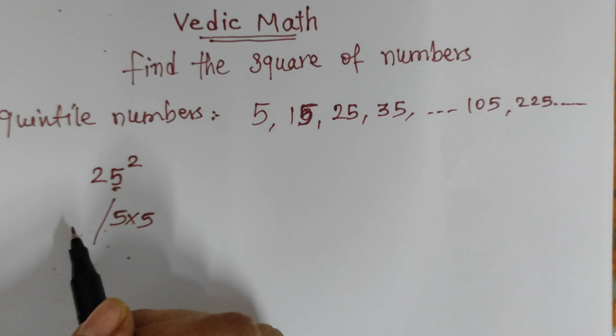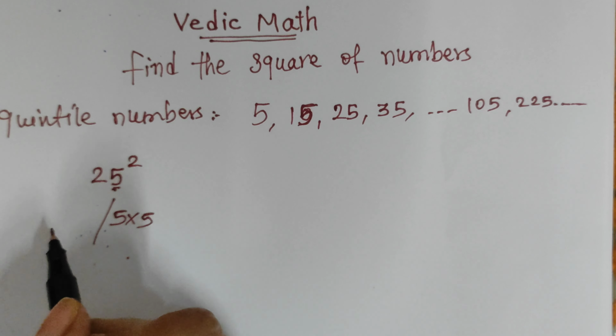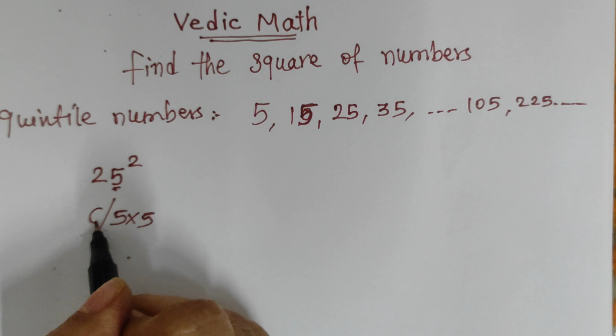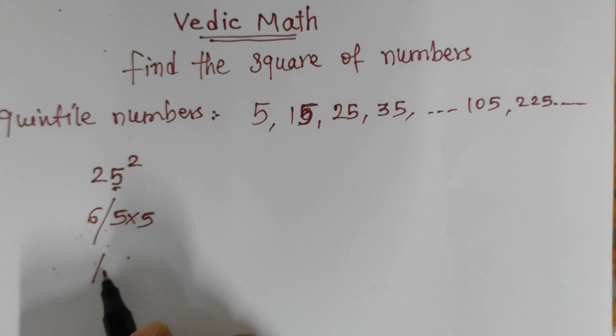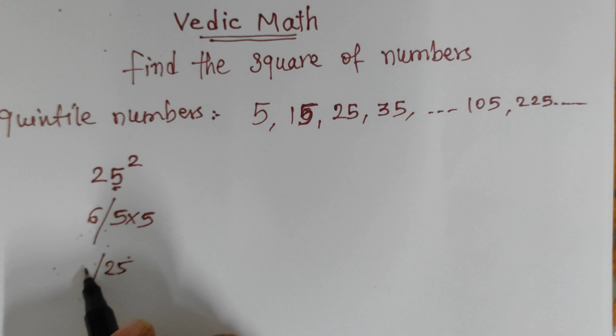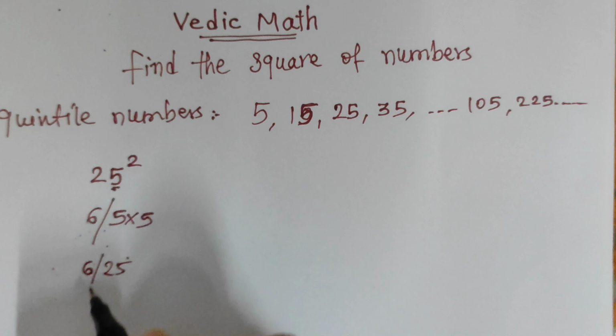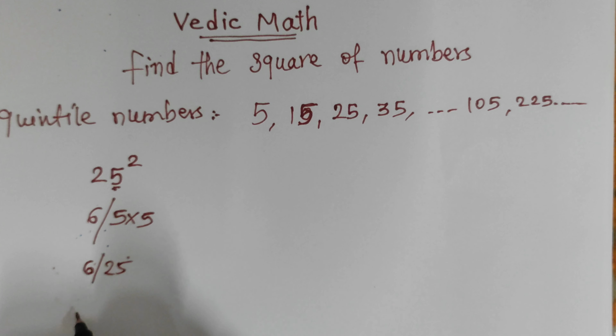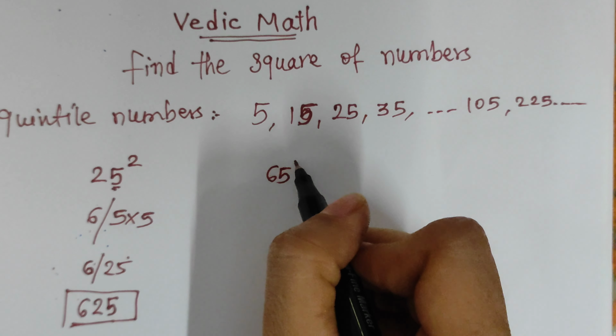So we multiply 2 by 3, 2 3 ja 6, and 5 5 ja 25. So we can easily get the square of 25. Removing the oblique, the 25 square is 625.